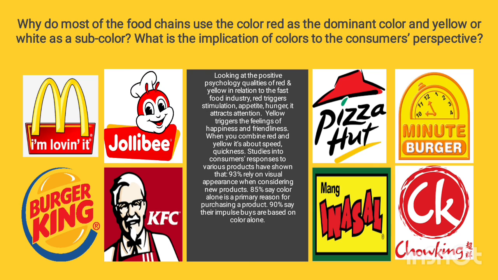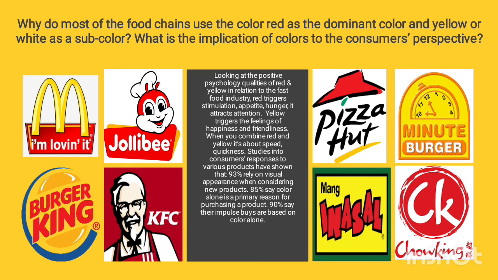So it applies as well to the marketing strategies of different companies, just like our example lately, McDonald's. They use the combination of red and yellow to attract people and to stimulate appetite or hunger in the consumers. That is how I understand the application of colors to the consumer's perspective.